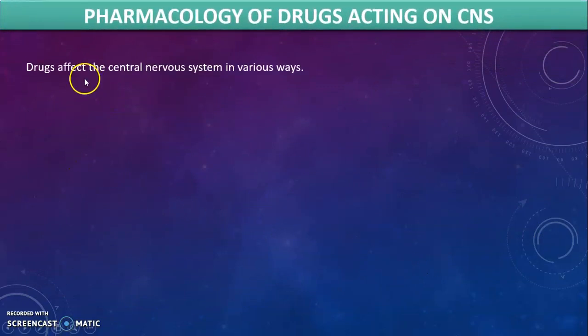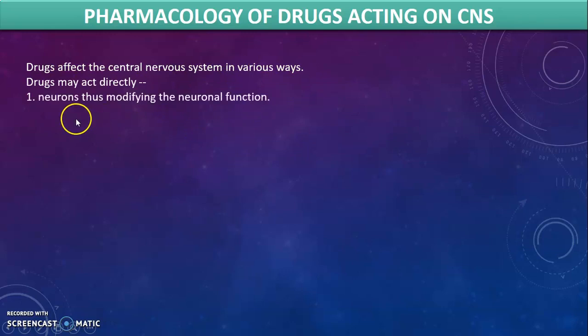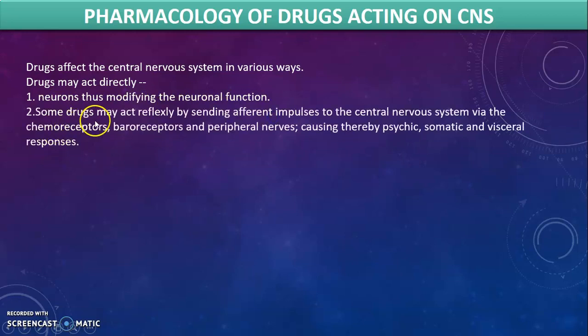Then we see how drugs affect the central nervous system in various ways. Drugs may act directly on the neurons, modifying the neural function. Or, second, some drugs act reflexly by sending afferent impulses to the central nervous system via the chemoreceptors, baroreceptors, and peripheral nerves, causing psychic, somatic, and visceral responses.